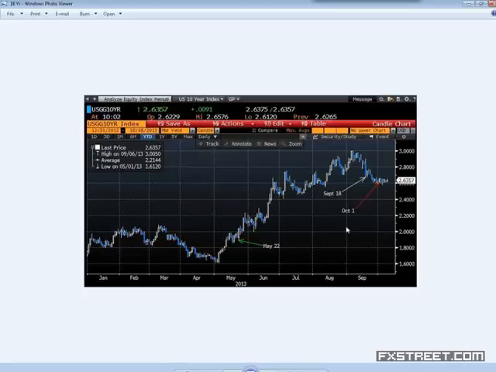Same times on this chart. September 18th, Fed decided not to taper. Of course, the rates came off hard. October 1st, you notice that except for the return to 2.6 approximately, there's no trend in this chart.